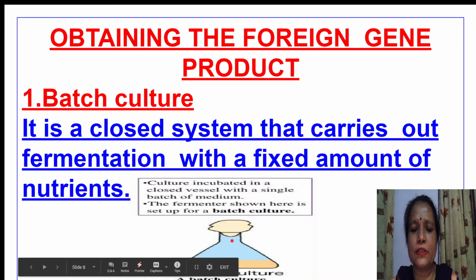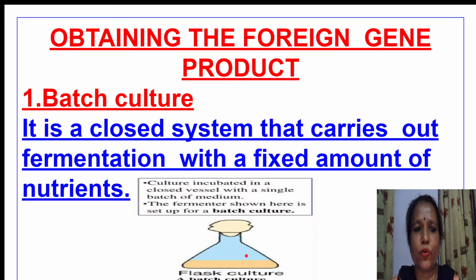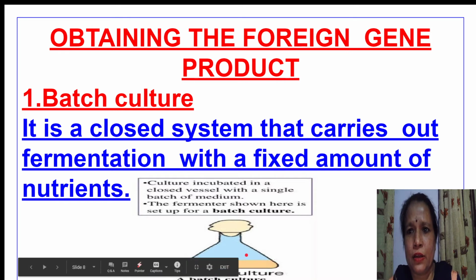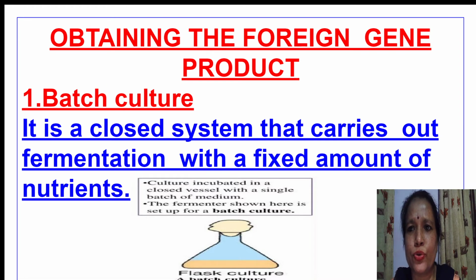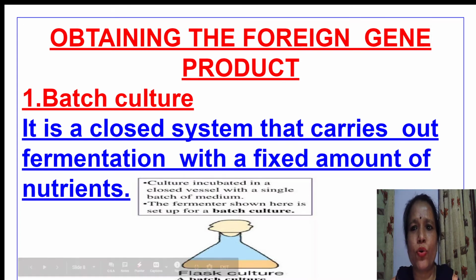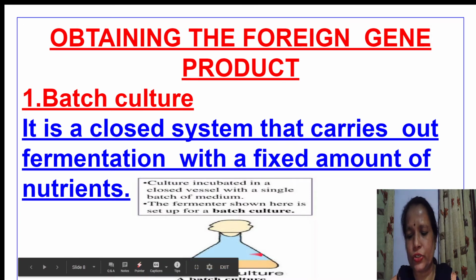As a result, after all the nutrients are used by the microorganisms and the product is formed, it will be obtained from here afterwards. So this culture works in the form of small batches. In some cases, if one or more nutrients is added, like glucose, as it is used up or reduced in this container, then it is added to the medium, then it is called fed batch culture.